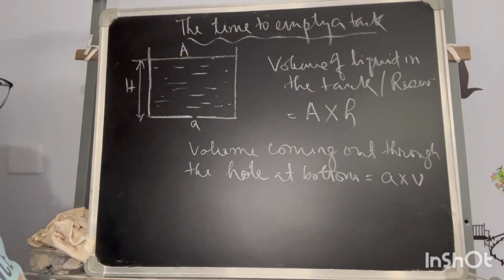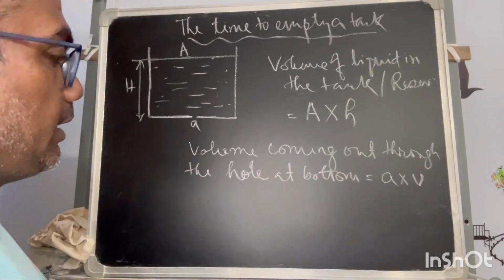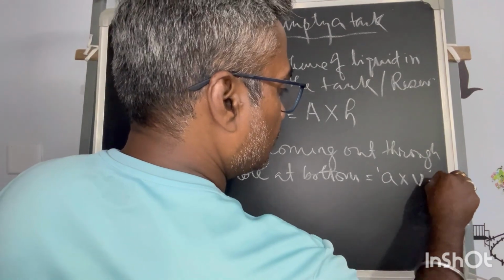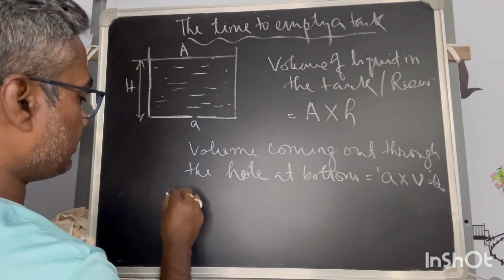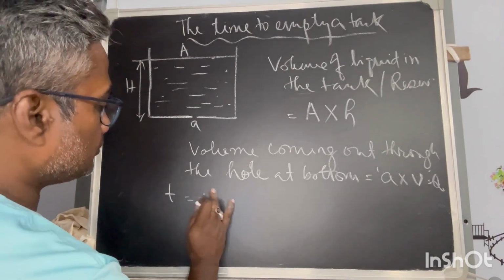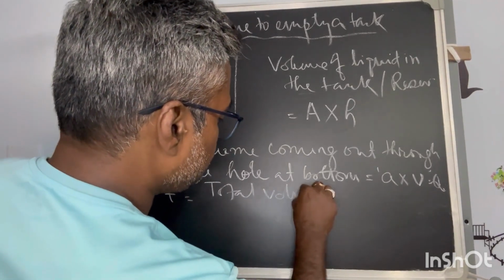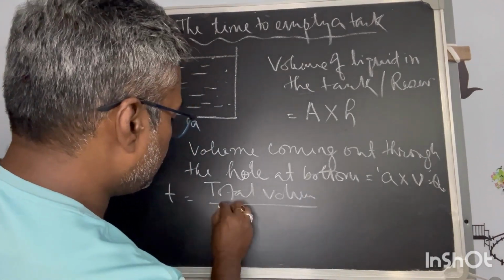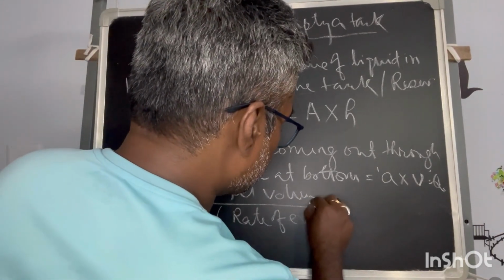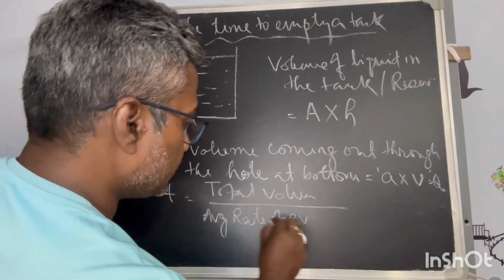At this scale, the velocity in the cross section gives the volume coming out, and this is the rate of flow through this. So our time has to be what? The total volume by the rate of evacuation, or rather average rate of evacuation.